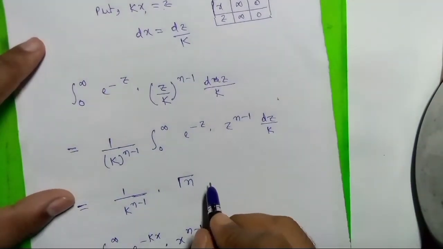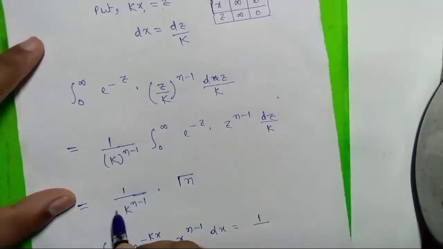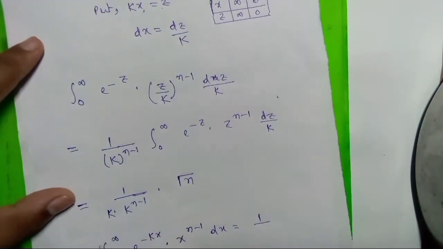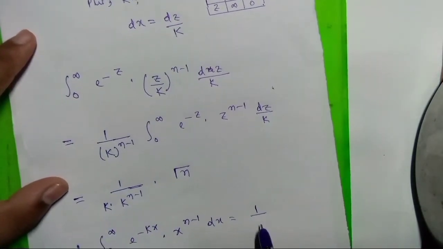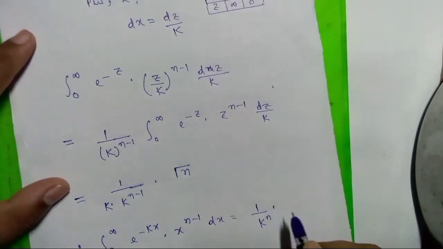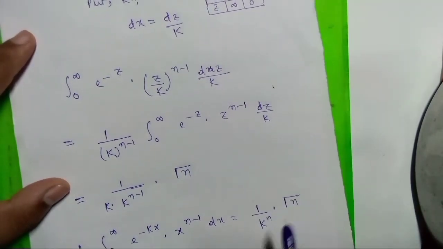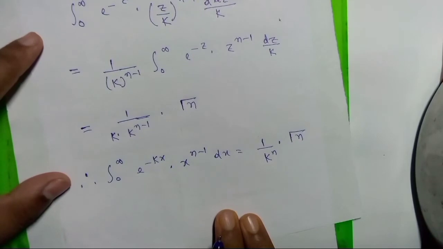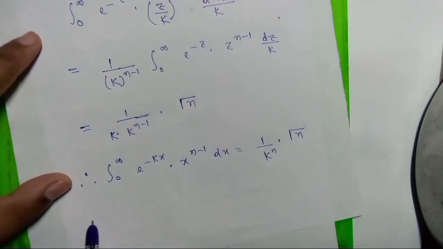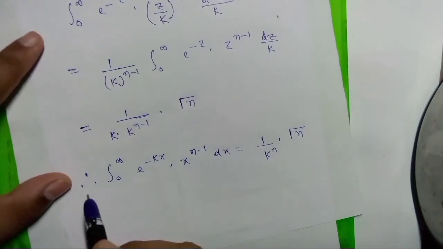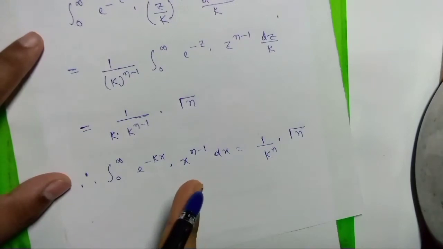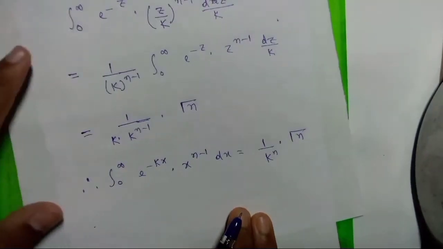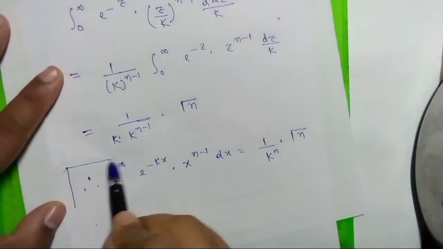So k will be multiplying, so we can write k to the power n gamma n. So our property is fully proved.